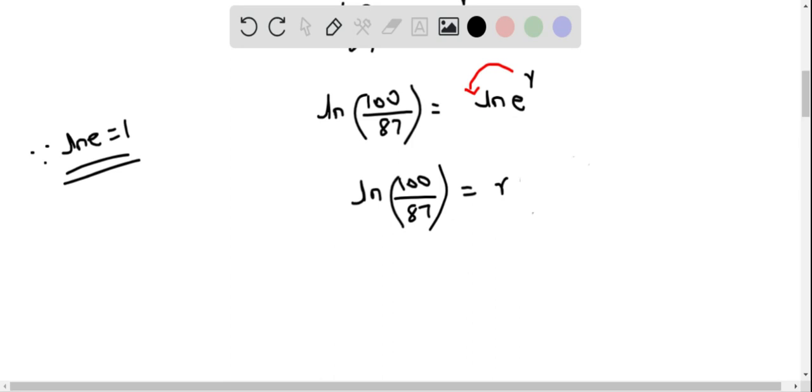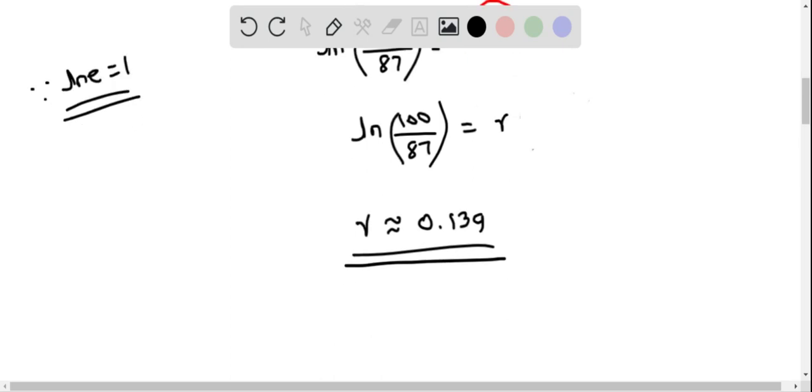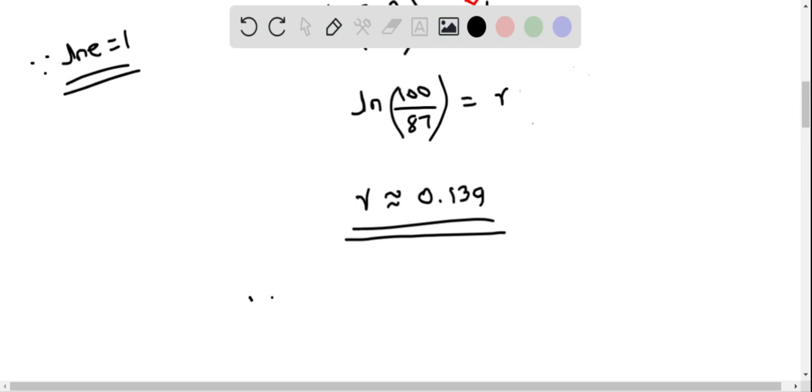So we can plug this into the calculator and get the value of r, and when rounded to three decimal places we get r approximately 0.139. So this is the growth rate. And so therefore we can write down the population function, that is n of t equals n naught, which is 8,700 e raised to the power of rt.